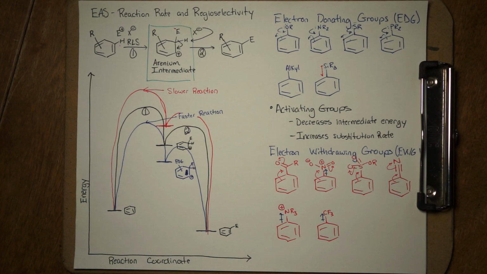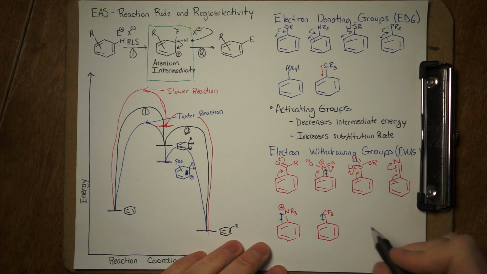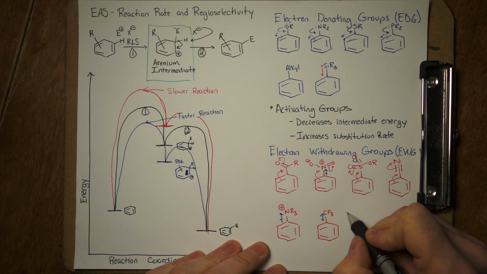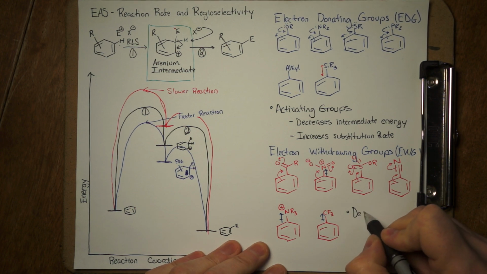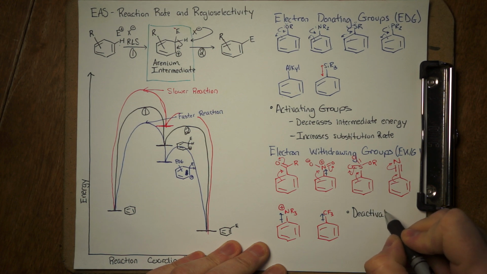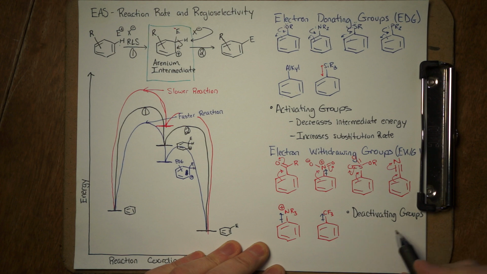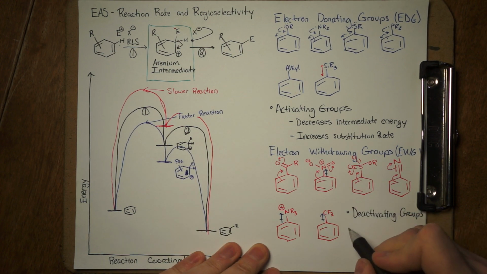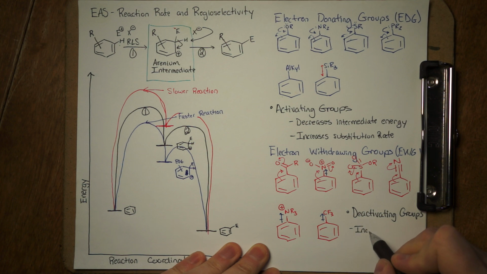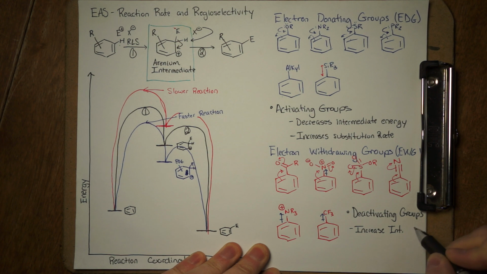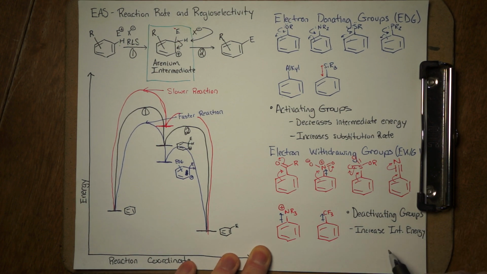And then we can further qualify electron withdrawing groups as deactivating groups. Deactivating groups will increase the intermediate energy, and therefore they will decrease the substitution rate.